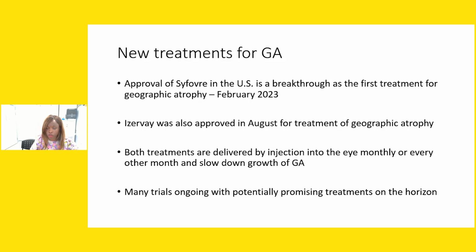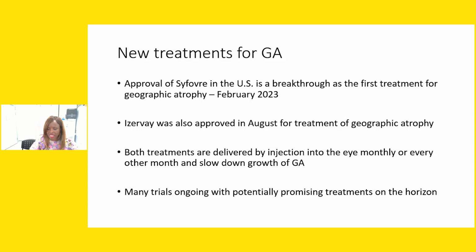We haven't got treatment in the UK for geographic atrophy, but last year there was a breakthrough with a new treatment called Syfovre being approved in the United States as the first treatment for geographic atrophy, last year in February. And another treatment was approved in August in the United States as well. Both treatments are delivered by injection into the eye, either monthly or every other month, and they don't reverse geographic atrophy or stop it from progressing, but they do slow down the rate at which it grows by 15 to 20%.